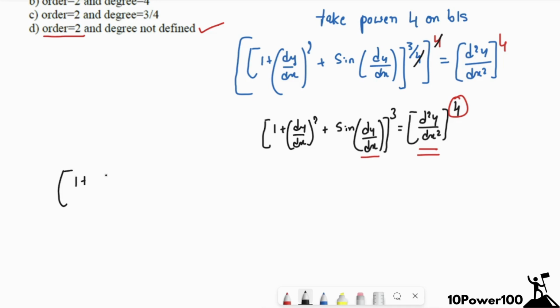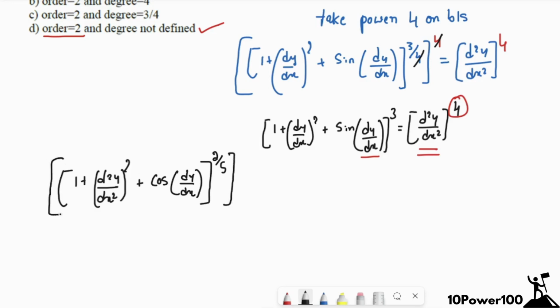I'll give (1 + d²y/dx²)² + cos(dy/dx) the whole power 2/5 is equal to d³y/dx³.